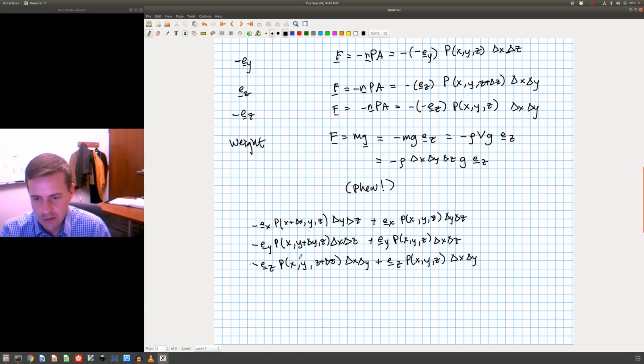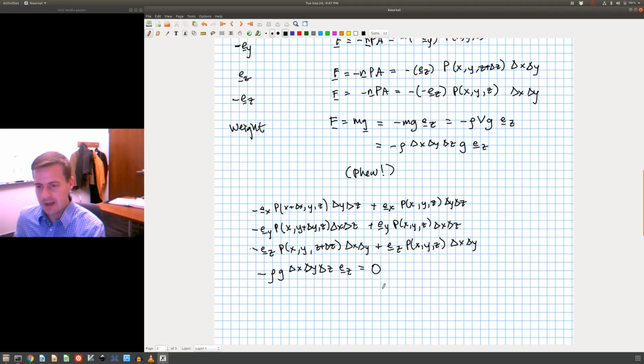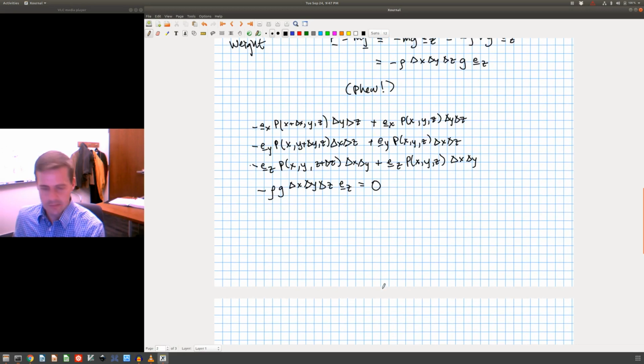And finally, I have this guy, minus rho g, delta x, delta y, delta z, e_z equals 0. So the sum of my 7 forces is 0. Okay, now I'm done with the sum of the forces.